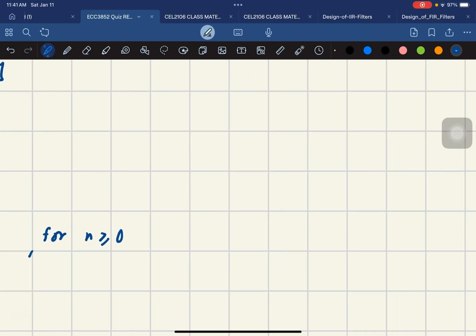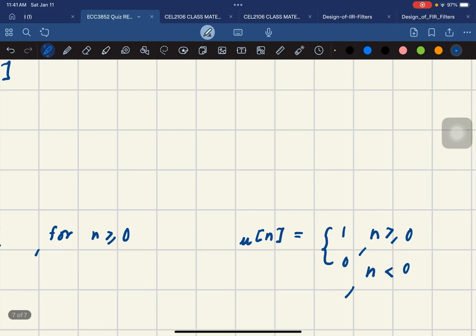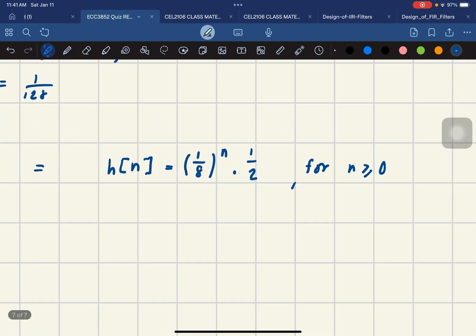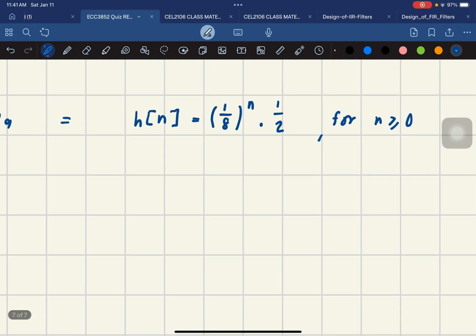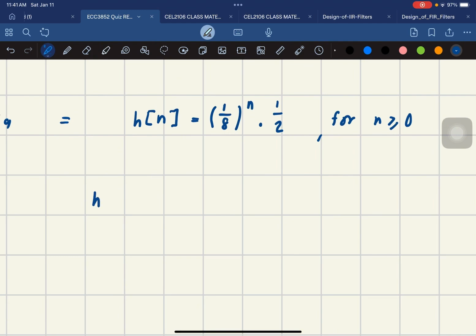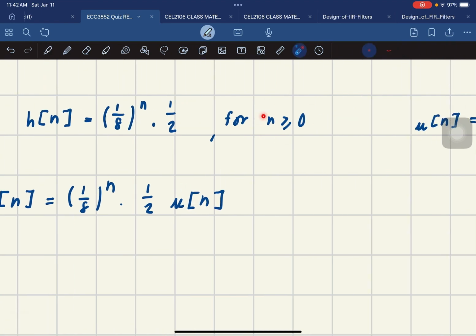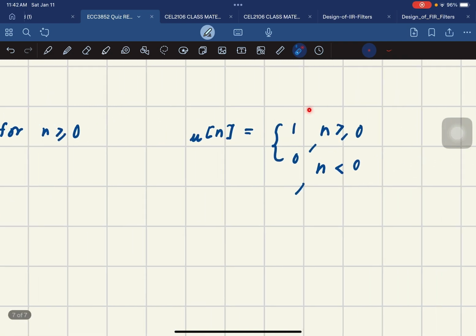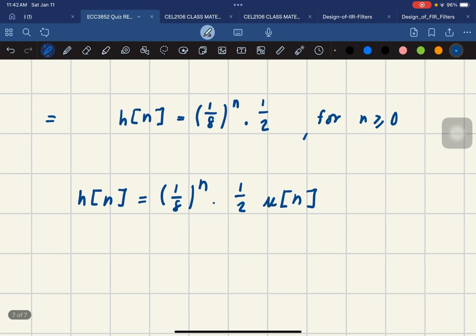As we know, n is greater than or equal to 0, so the final answer is 1/2 times 1/8 to the n, u of n, because for n greater than or equal to 0 the step is 1. So this is the final answer.